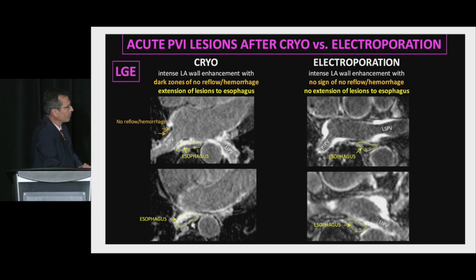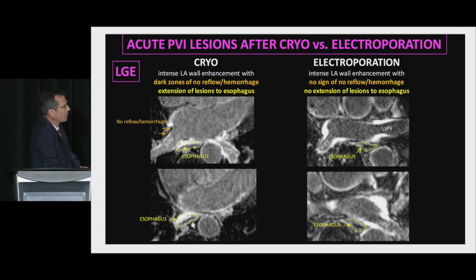It's somehow visible on this MRI that is from one of our patients in Bordeaux, where on the right side you have the aspect with electroporation, and you can see that we have a very dense and homogeneous late gadolinium enhancement around the pulmonary veins.